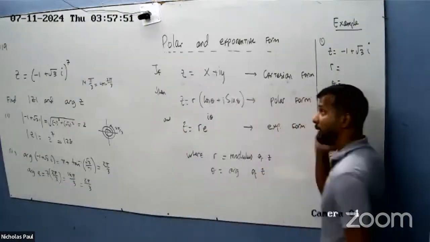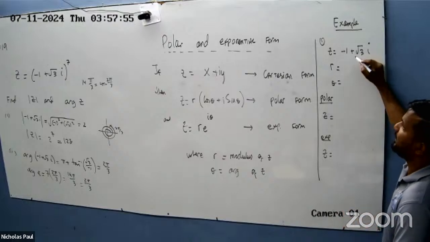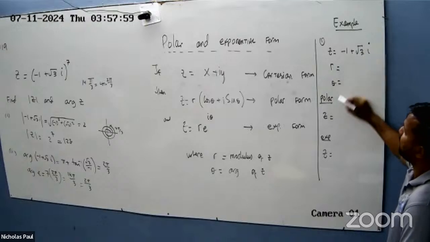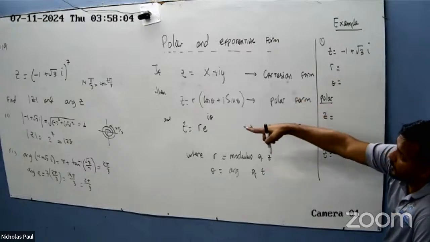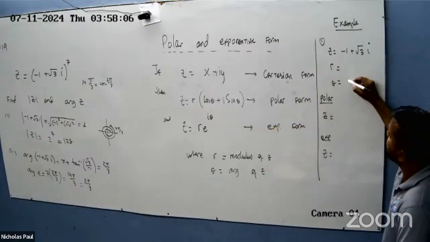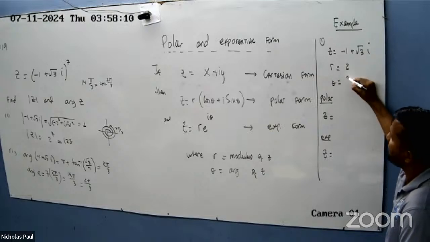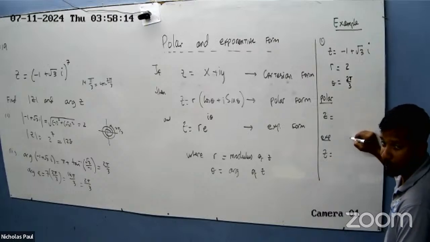Right, ready? So what do we need? In order to take the Cartesian form -1 + √3 i and write it in polar and exponential form, we just need r and theta. We did this one already. r is 2 and the argument is 2π/3.